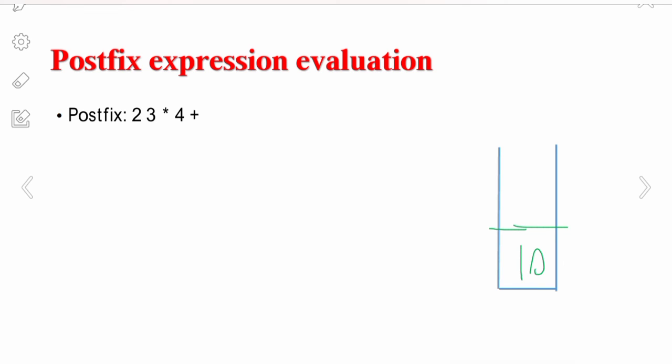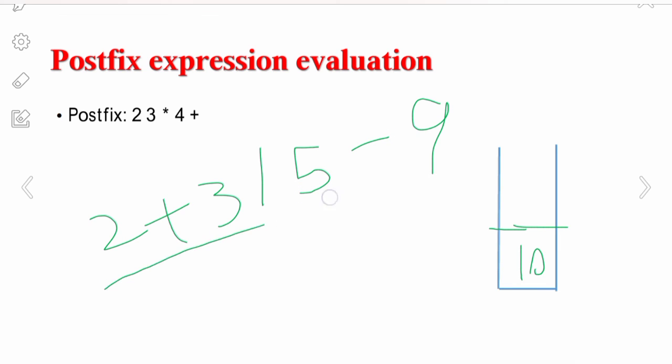Okay, so if you want to solve a certain expression, like 2 plus 3 by 5 minus 9, with infix notation you have to apply the operator precedence and associativity rules. But if you are using prefix and postfix expressions, there is no need to apply the precedence and associativity rules.